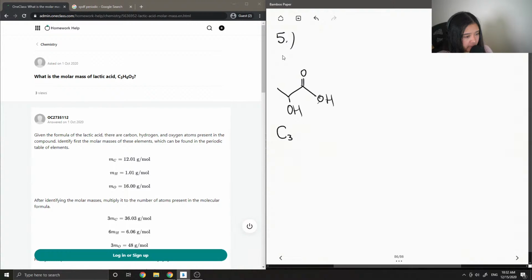There are 1, 2, 3 carbons. There are 3 plus 4, 5, 6 hydrogens. And then lastly, there are 3 oxygens.